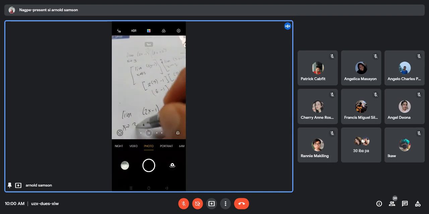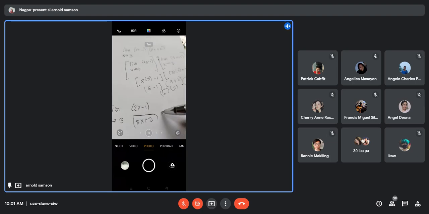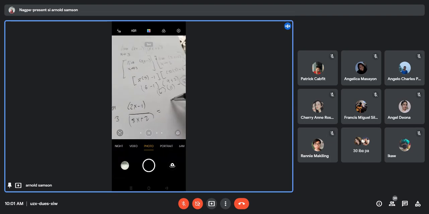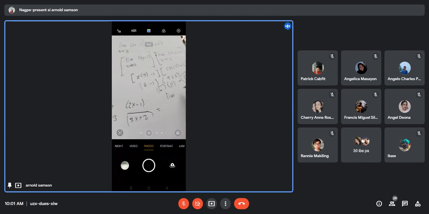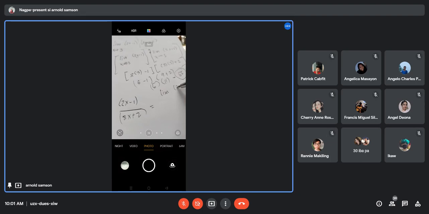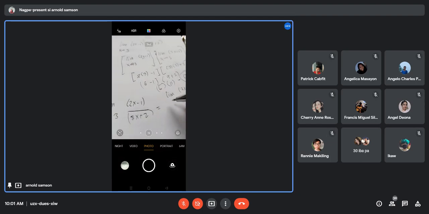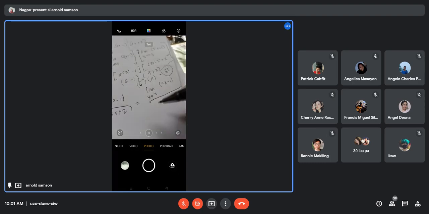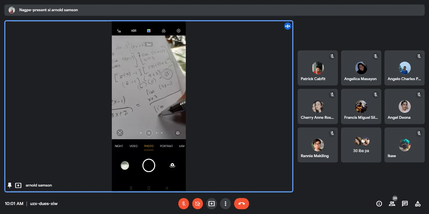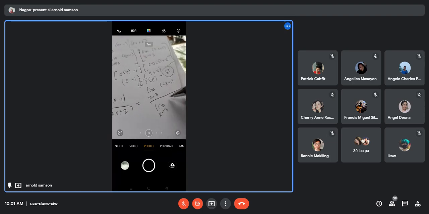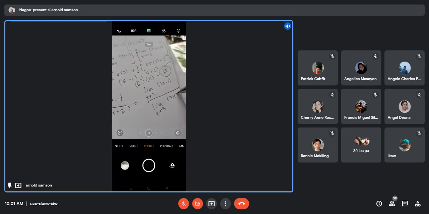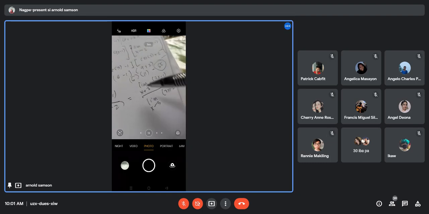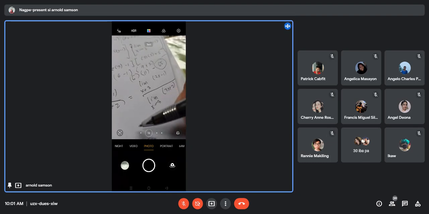For example ulit. The same, lalagay lang natin yung limit natin sa numerator, including the approaches to. When x approaches to 3, over, repeat the limit, when x approaches to 3, so 3x plus 2. And then, proceed na tayo sa shortcut natin by simply substituting the value of x.